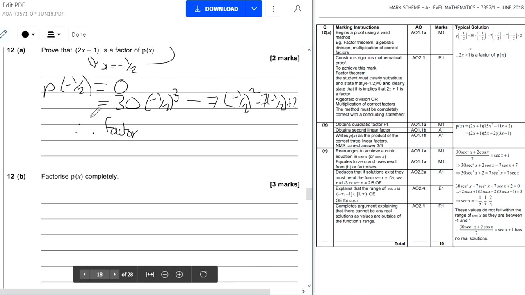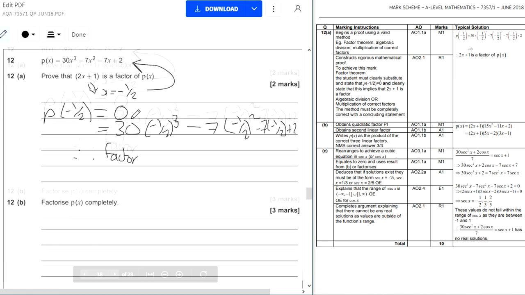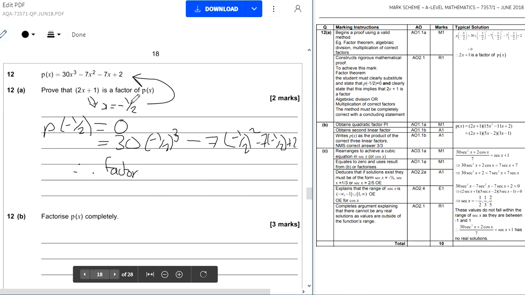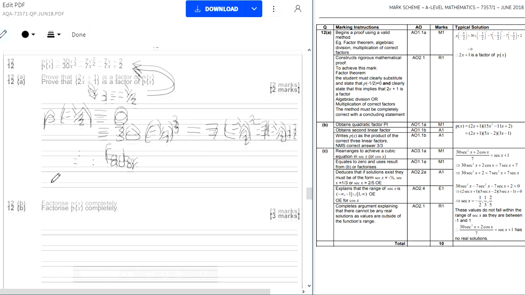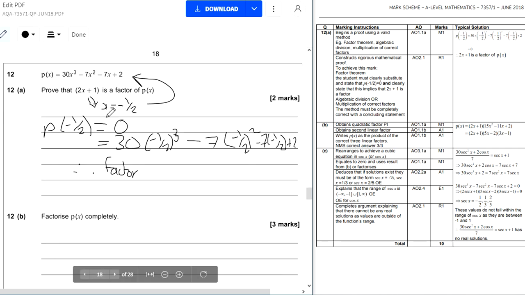Factorize completely. So factorizing using a linear term, I like to use the bus stop method, but there are other methods that could work. I'll show you the bus stop method, and then I'll show you the other method that could work as well.